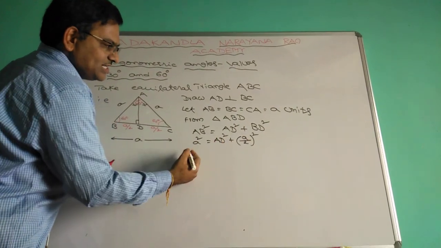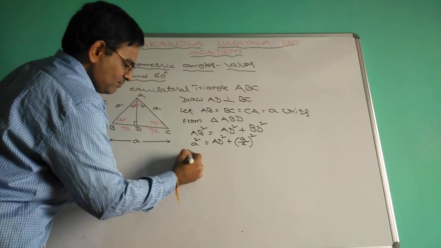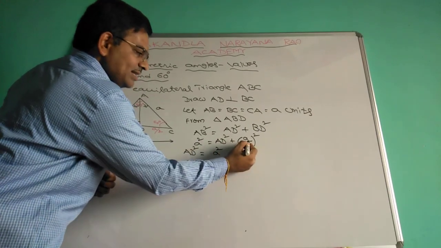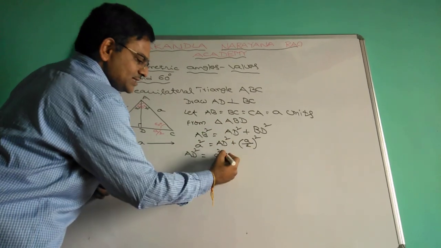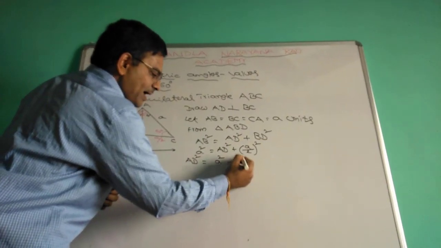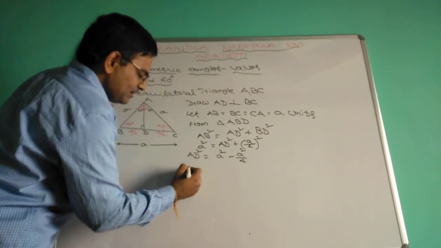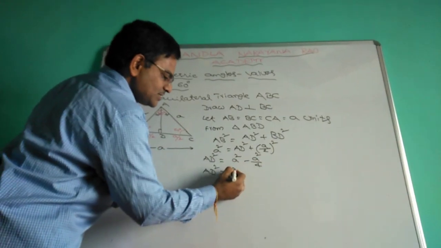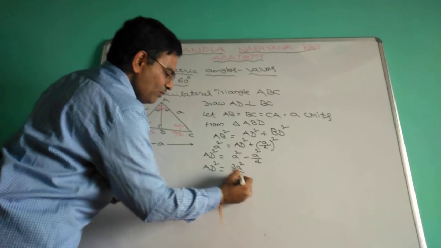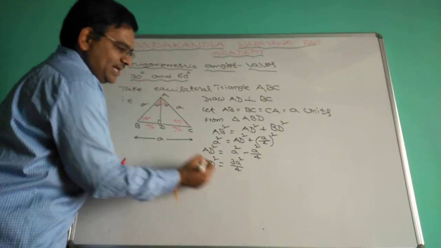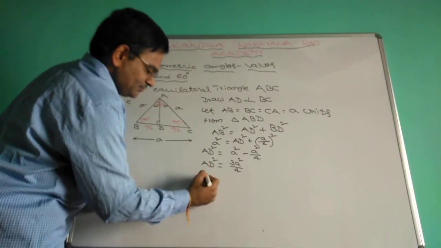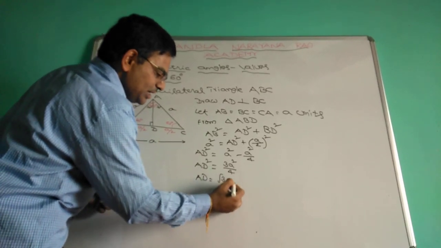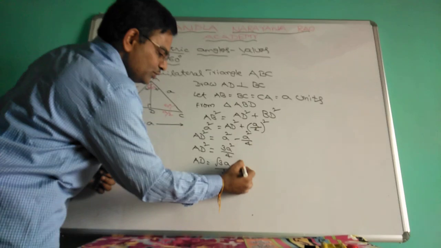Now you want AD square. AD square equal to A square minus A square by 4, that is 3A square by 4. Now you want AD. AD means height. AD equal to root 3 into A by 2 units.